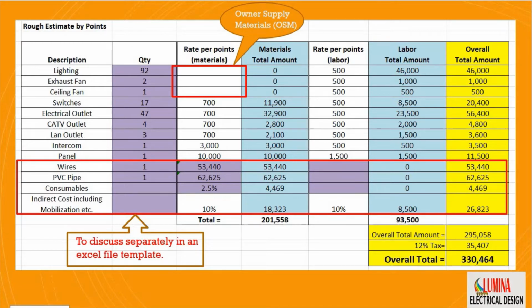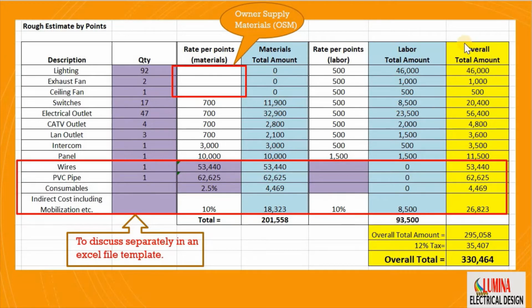Then, for the labor rate, we have 500 pesos per point, and for the panel, we have 1,500 pesos per point. The labor total amount is simply the quantity times the labor rate per point. So we have this total labor amount.